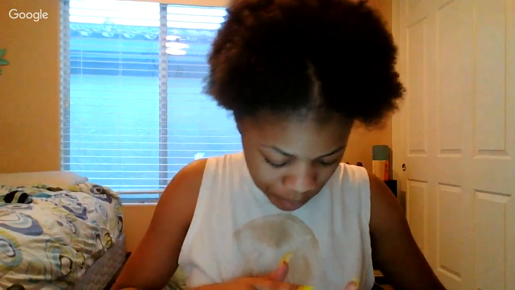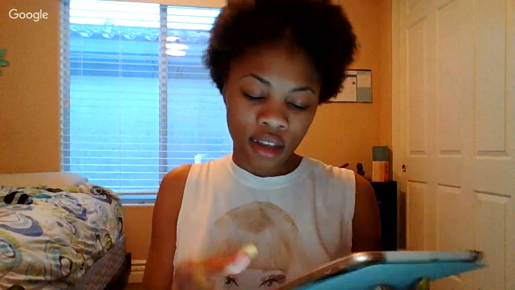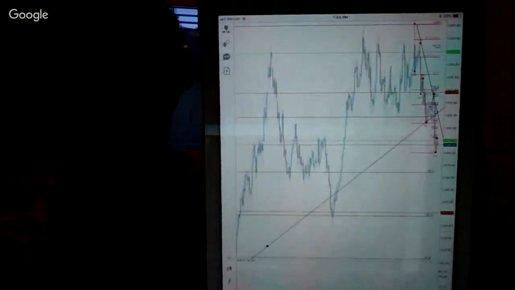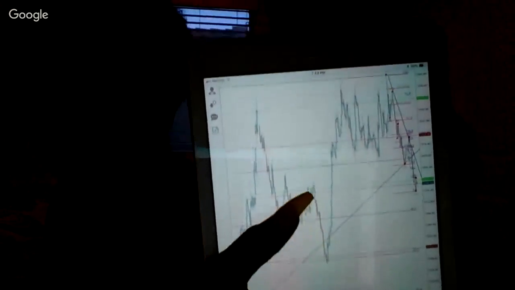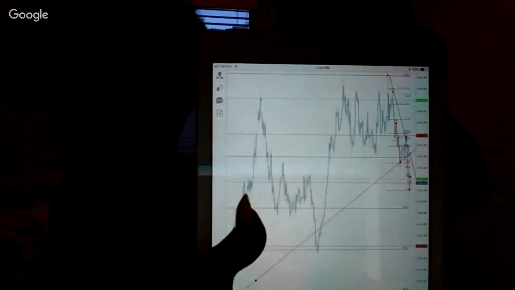Just looking at price action and stuff like that, where gold is right now, it looks like it's in a very important area for reversal. Gold being where that line is and where all the area is. So we went up, we dropped, we went up, all in this area.